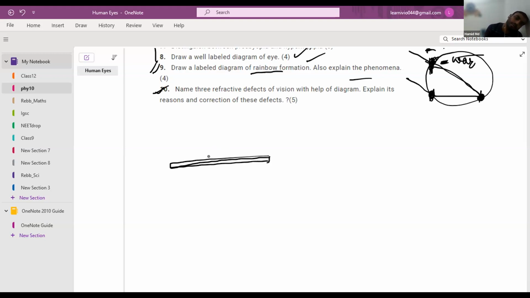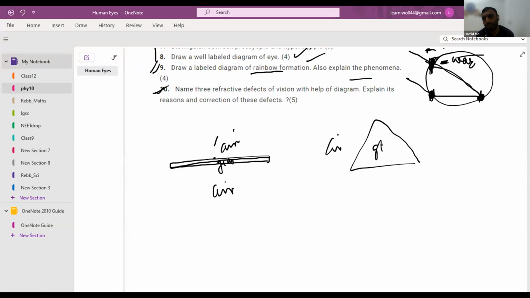So here is one interface, air and glass, sometimes only one interface, and then air again. A prism is made at a certain angle as well. There is also an air and glass interface, but it is carved at certain angles. Because of that, light refracts in a particular manner that can't happen in a glass slab.